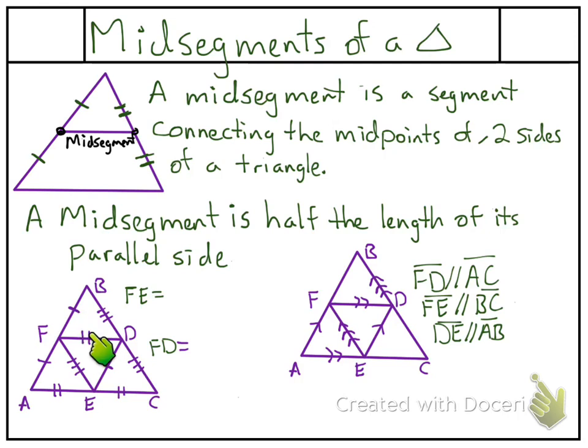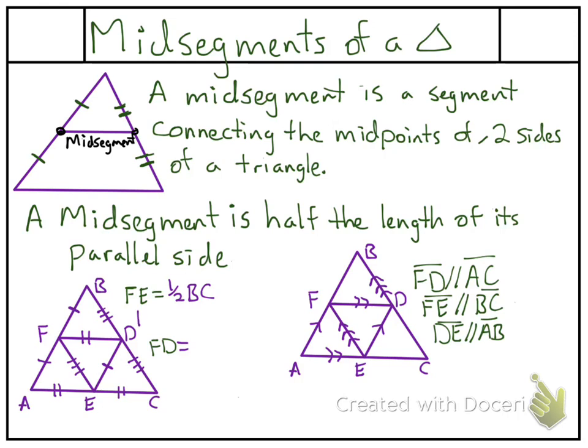So over here on the left, I've drawn FD is a midsegment with AC. We have DE is a midsegment with AB, and FE is a midsegment with BC. So using that, FE we would say is 1/2 the length of BC.